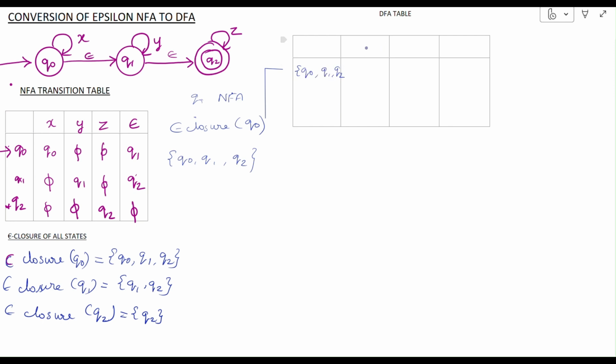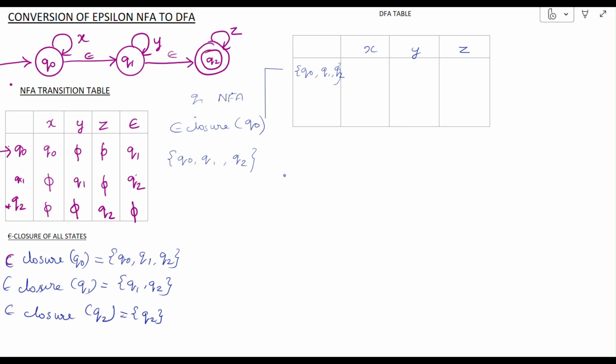What are all the inputs? X, Y, Z. As it is a DFA, there will not be an epsilon transition, so it will not be considered as one of the inputs. Now the transitions of Q0, Q1, Q2 on X, Y and Z should be found.